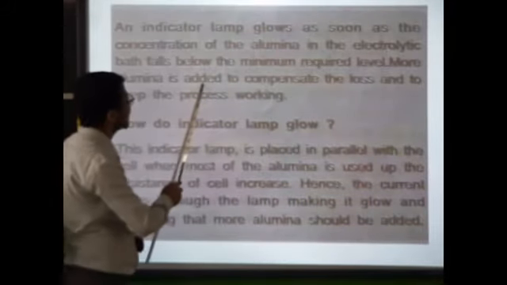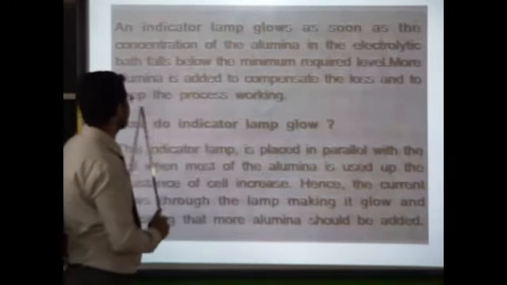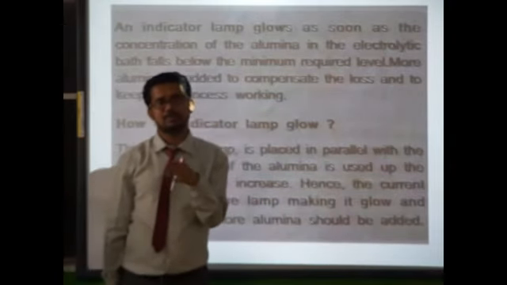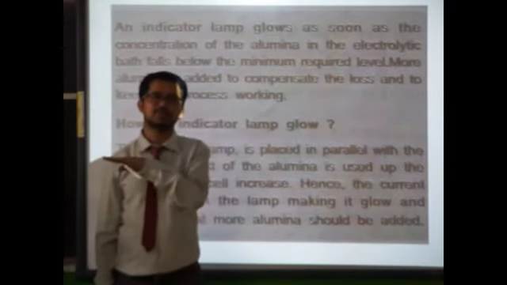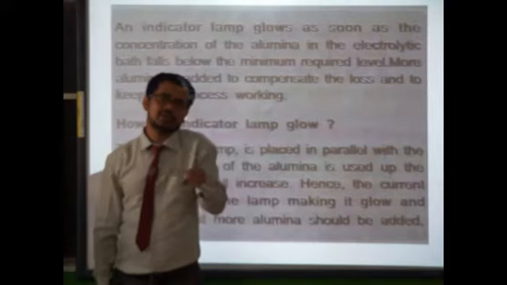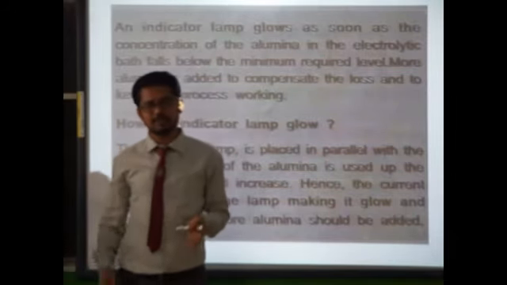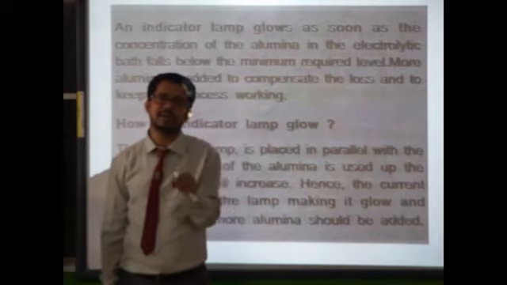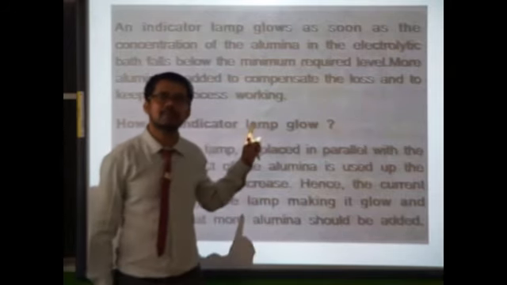More alumina is added to compensate the loss and to keep the process working. If you stop putting in alumina, then the process will stop. So in order to continue getting pure aluminium, you need to go on adding alumina whenever the bulb glows.